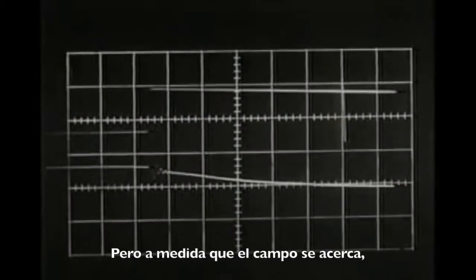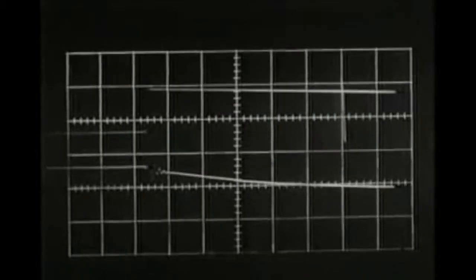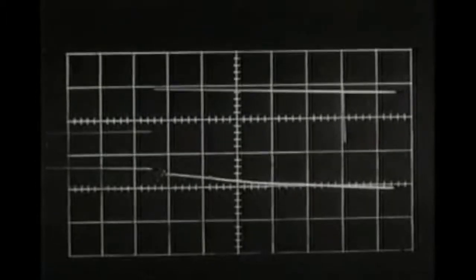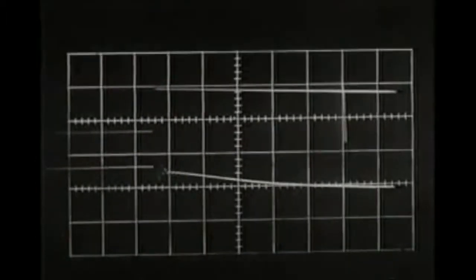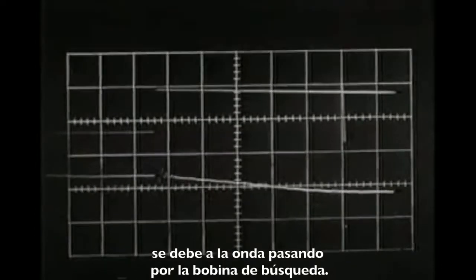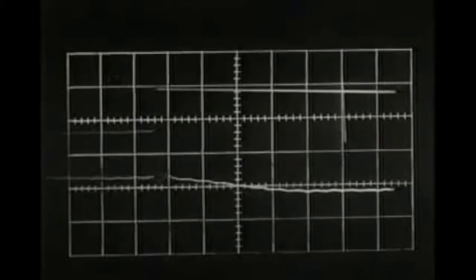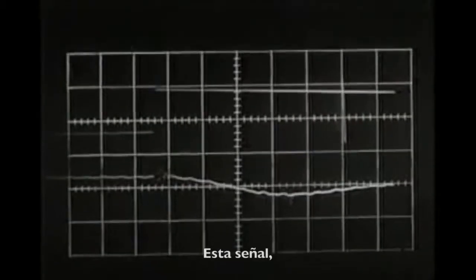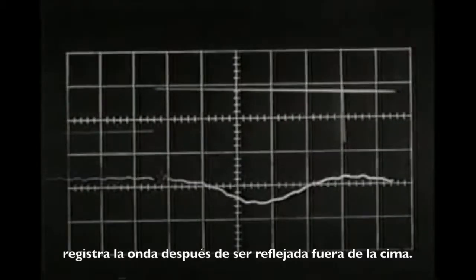But as the field comes on, the trace changes. This signal is due to the wave passing the search coil. This signal records the wave after it has reflected off the top.